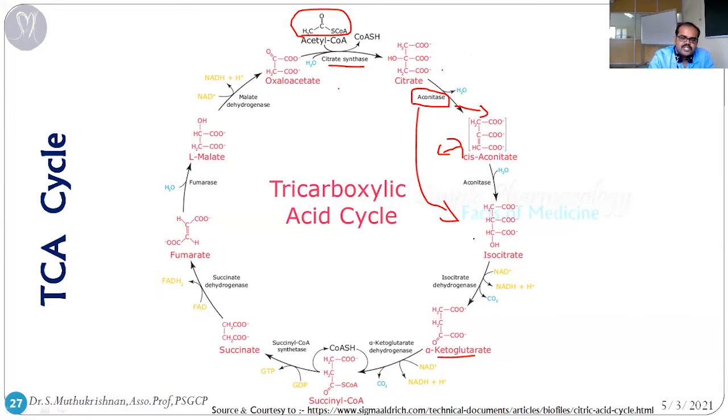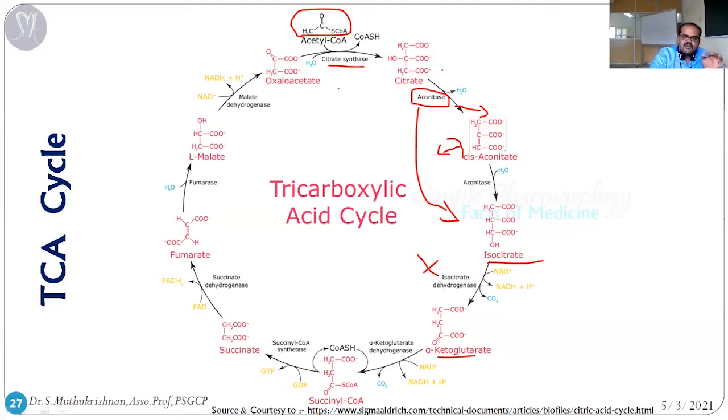The next one, the isocitrate is converted into alpha ketoglutarate with the help of isocitrate dehydrogenase enzyme.